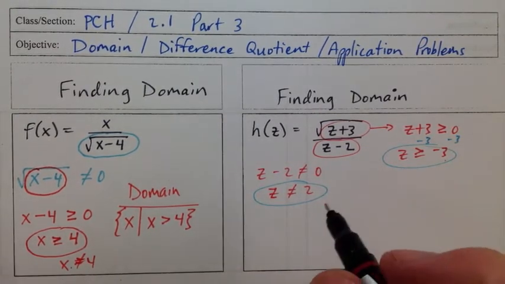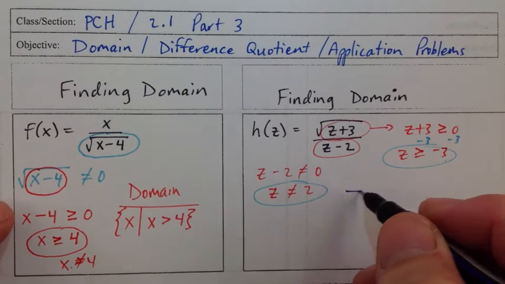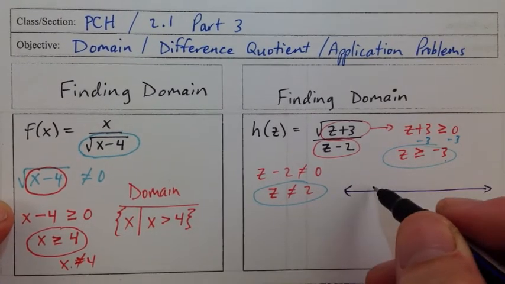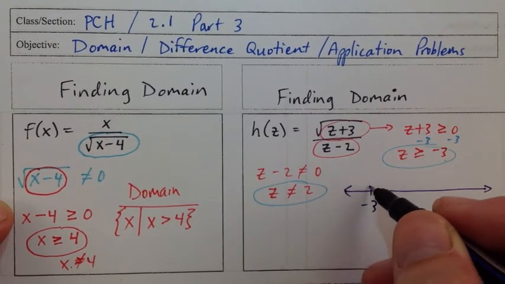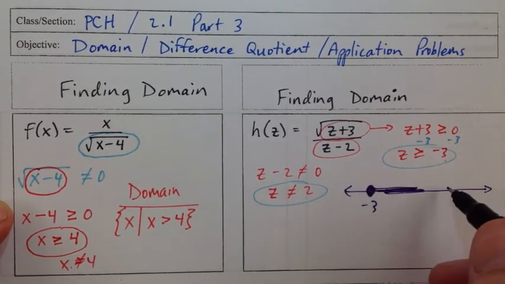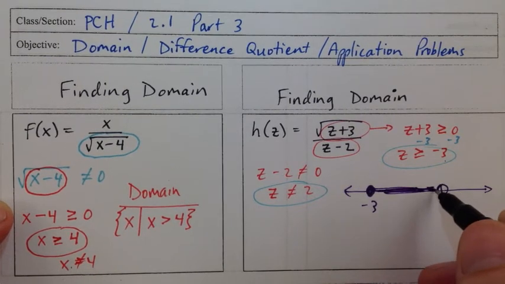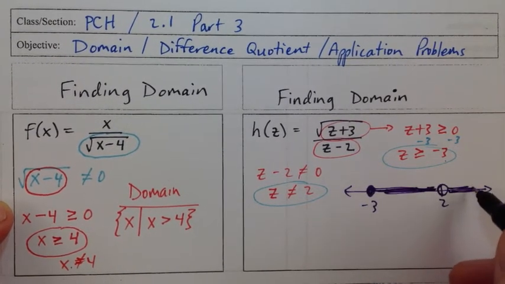So we see the domain would be, let me do it on a number line here. If we show this on a number line, it's a little bit more clear. Here we have -3, and don't forget we have 2 here, and z is not allowed to be equal to 2, but z can be anything else.